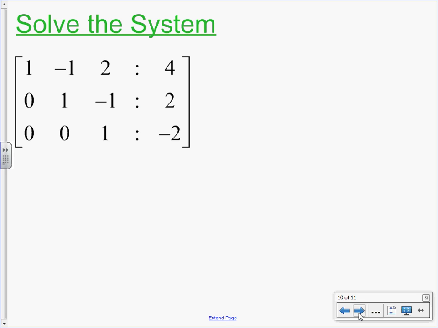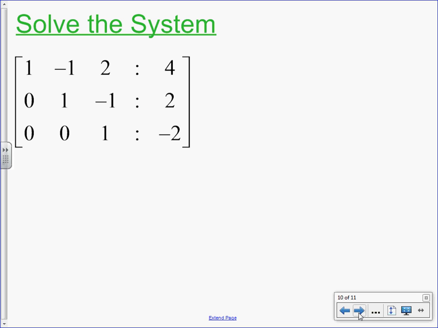Now, not all matrices stand for equations, but when we have an augmented matrix, it represents a system of equations. Is this an augmented matrix? Yes, it is. We can tell by these right here, right?